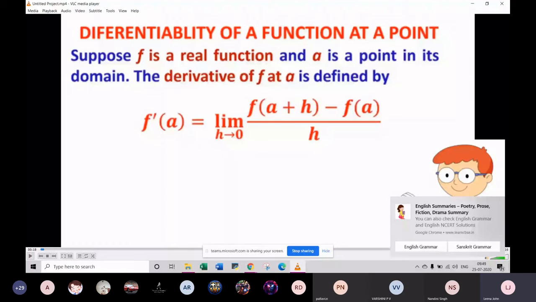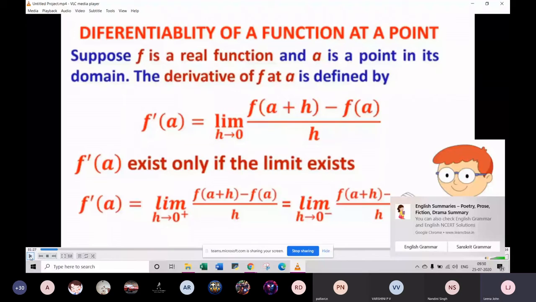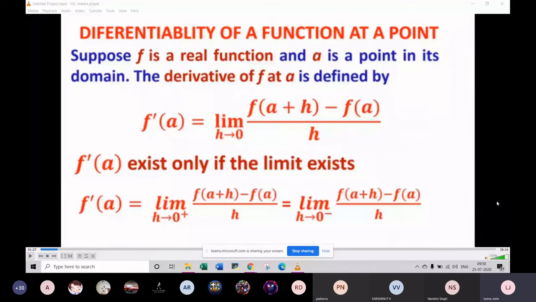Here we call it the left-hand derivative of the function at a when h tends to 0 minus. And when limit h tends to 0 plus of this ratio, we call it the right-hand derivative of the function at a. So you can write it as the definition. If one of the limits does not exist, we say that the function is not differentiable at a.